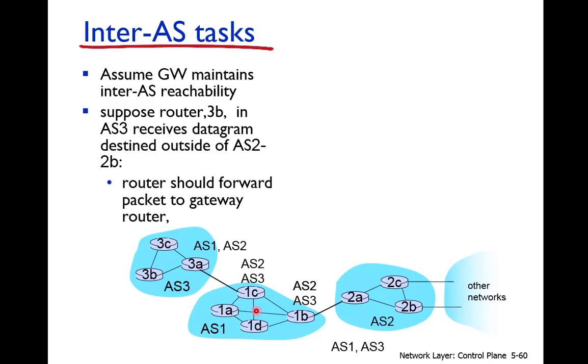If the data is forwarded to 1C, then it is far away, but if it is forwarded to 1B, then it is closer.